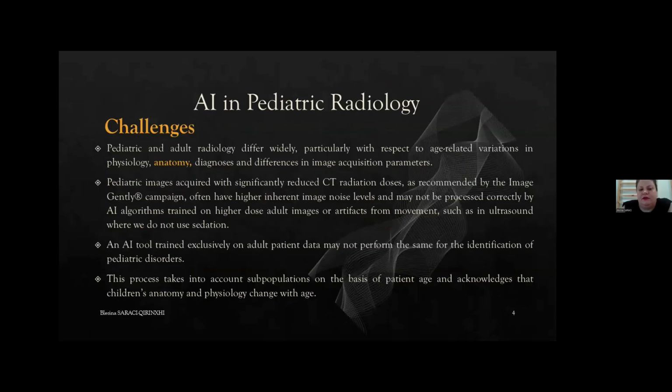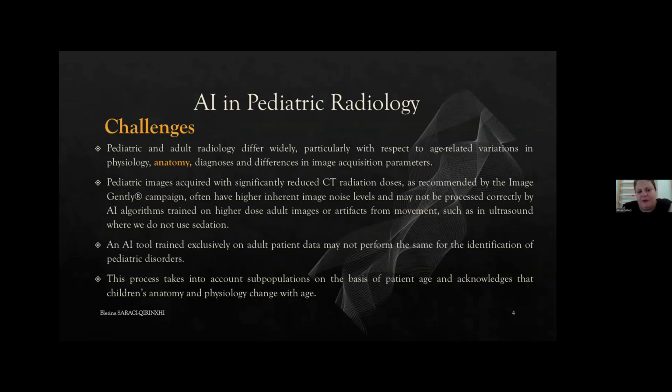Pediatric and adult radiology differ, particularly with respect to age-related anatomy and physiology and differences in imaging acquisition parameters, because we have different acquisition parameters in different age groups to protect them from over radiation exposure or other conditions that cannot be performed in the same way in different patients.